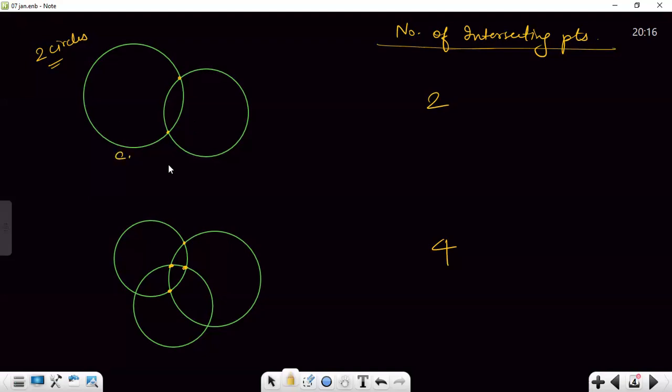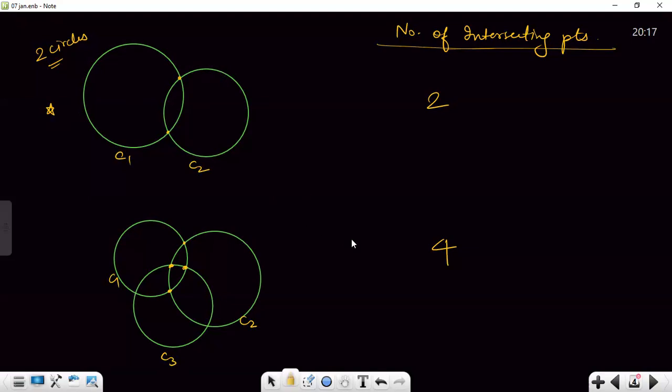Let's call them circle 1, circle 2, circle 3. From the first case, we may conclude that every two circles intersecting each other will definitely have two intersecting points.